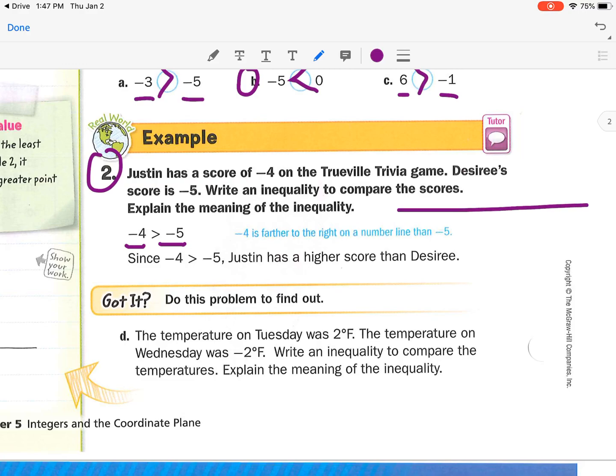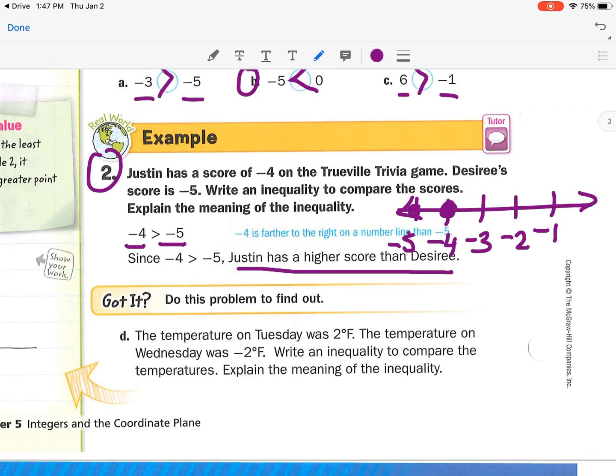If you think about it again on your number line, negative 1, negative 2, negative 3, negative 4, negative 5, negative 4 is greater than negative 5. So Justin has a higher score than Desiree, is what we would find out.